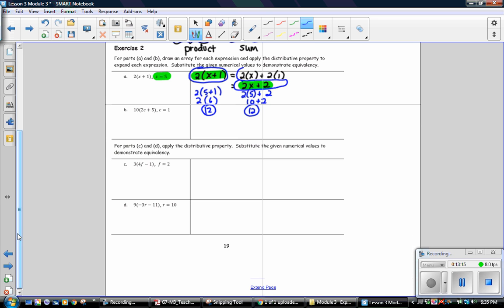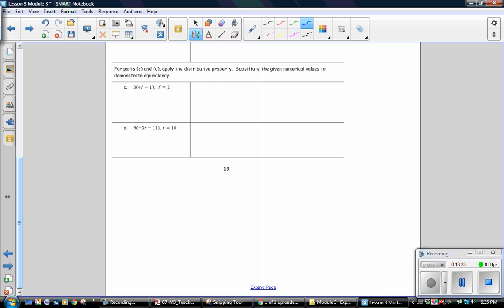For parts C and D, apply the distributive property. Substitute the given numerical values to demonstrate equivalency. So we're going to do problem C. Rewrite the problem 3 times the quantity 4f minus 1. And in this one, you'll notice that this is subtraction and not addition. We're still going to distribute in the same way, multiplying the outside term by both of the inside terms.